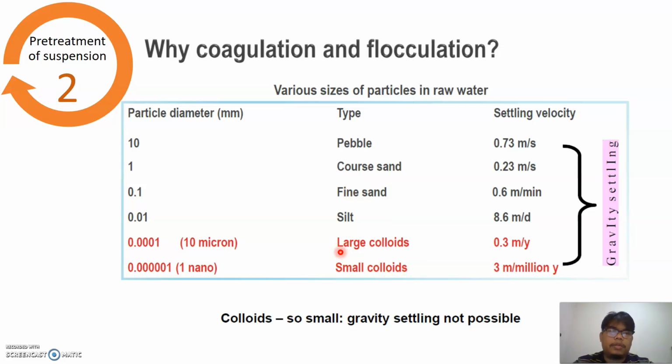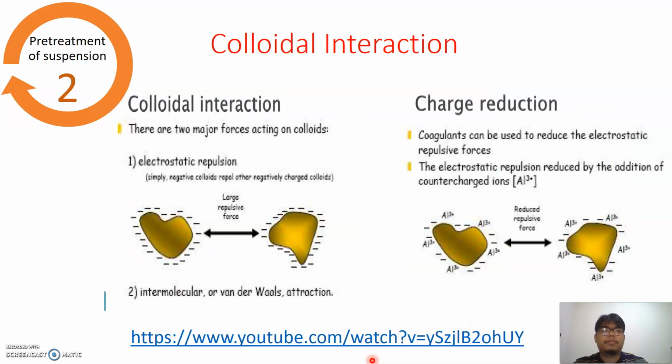We can say that it is affected by gravity, whether the size is big or gravity can handle the size. We can use either coagulation or flocculation depending on the factors that we considered before. For colloids, the particle is so small that gravity settling is not possible.